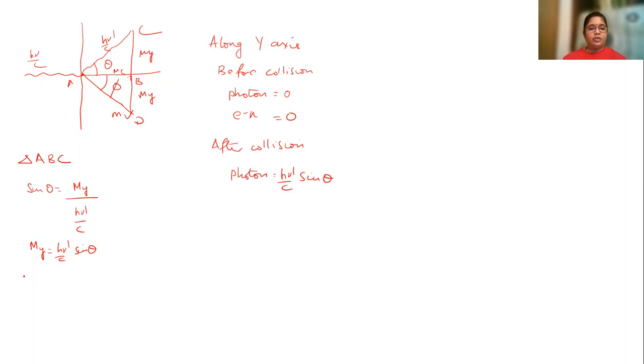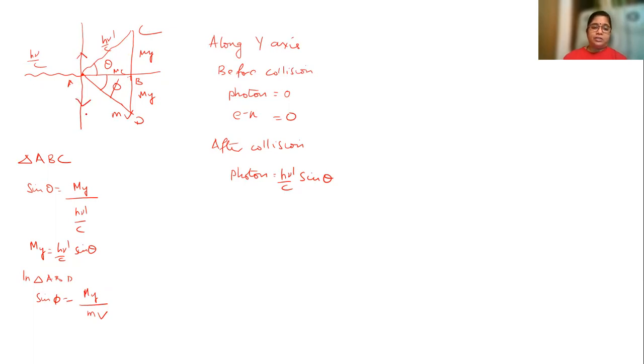Now let us take the case of electron in triangle ABD. I am concerned about sin phi because I need this opposite side. So sin phi is equal to opposite side py divided by hypotenuse, which is mv. But I recall momentum is a vector quantity. Here py points upwards, here py points downwards.